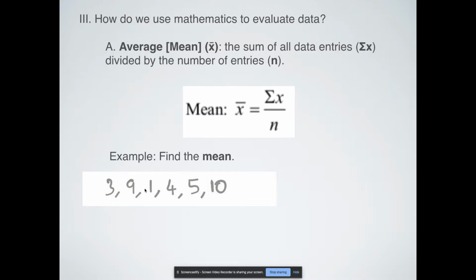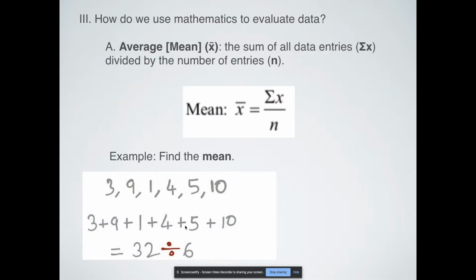So I have 1, 2, 3, 4, 5, 6 entries, and then that would be my n. So let's add them all together. That's 32, and we have 6 entries. That would be my n. So 32 divided by 6 is about 5.33. So that would be my mean for this data set.